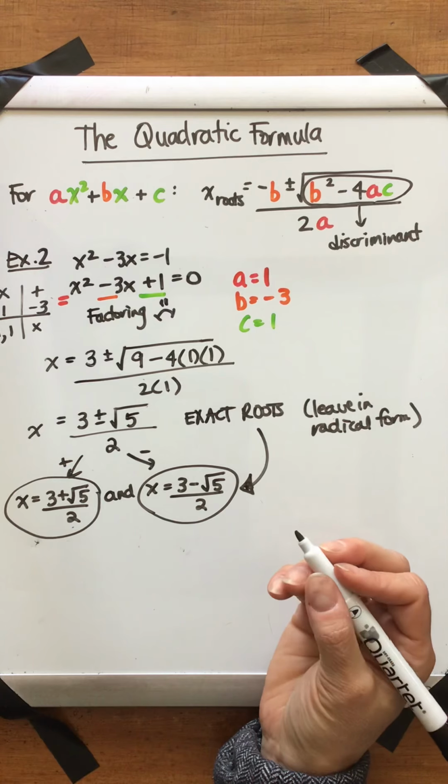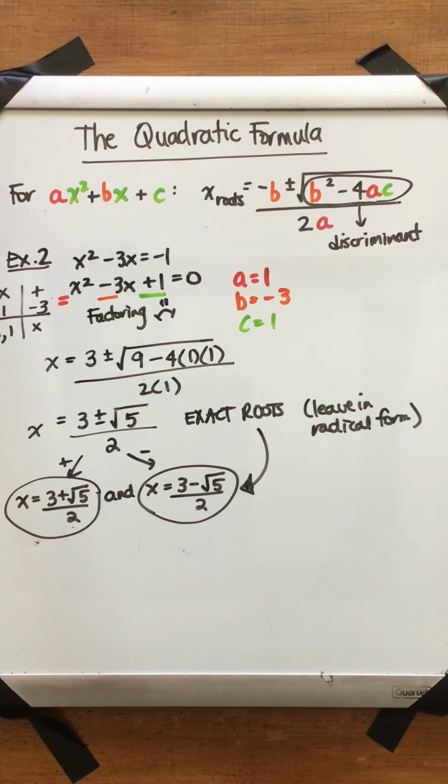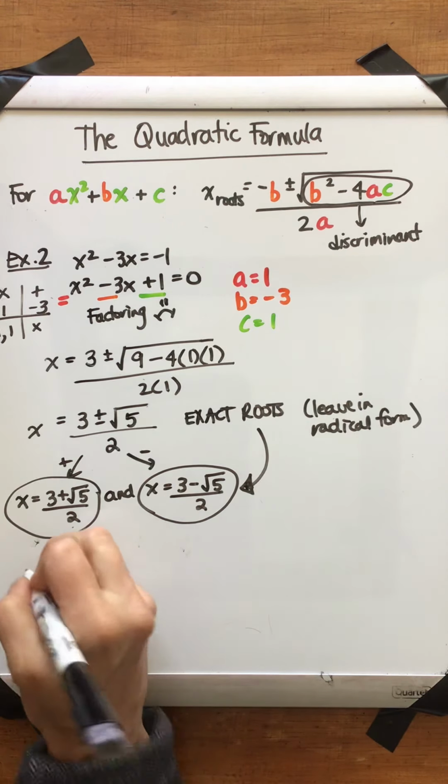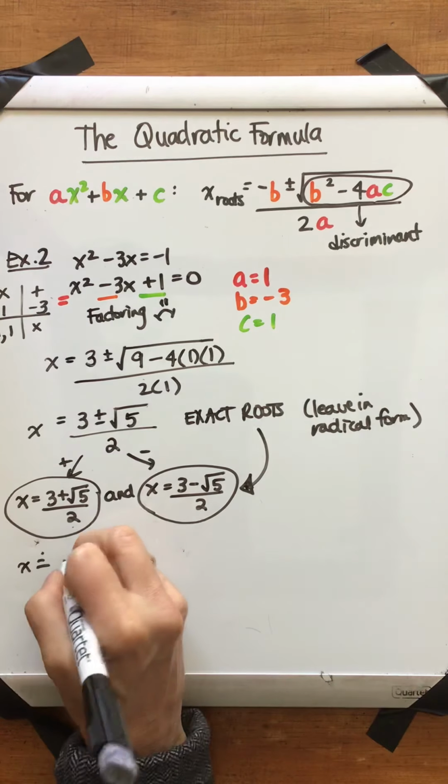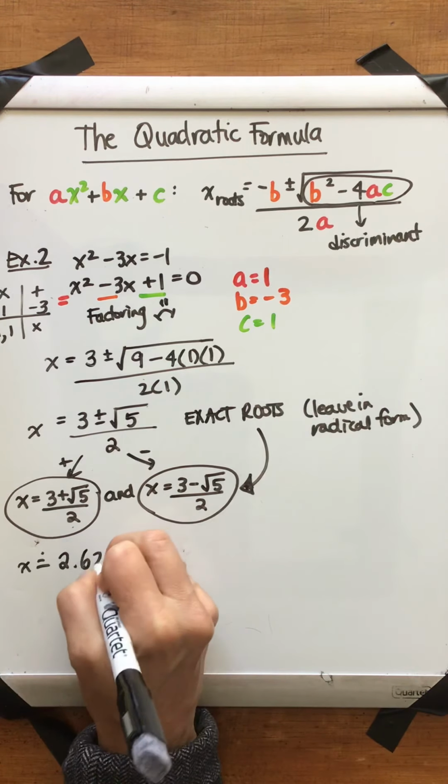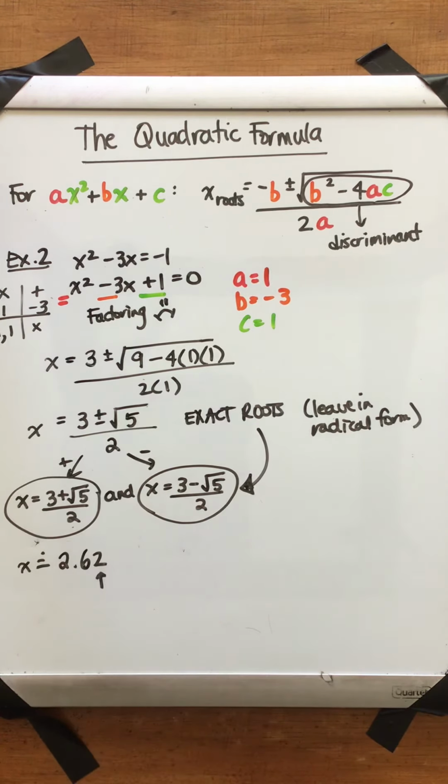So you will get a decimal answer, okay? And if I punch these into my calculator, 3 plus root 5 equals, divided by 2, I get x being approximately equal to 2.62 if I round to the nearest hundredth.